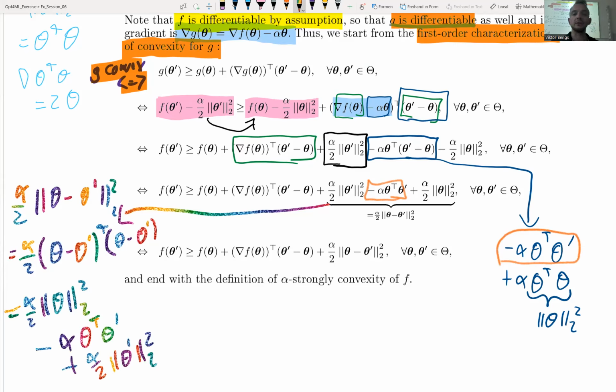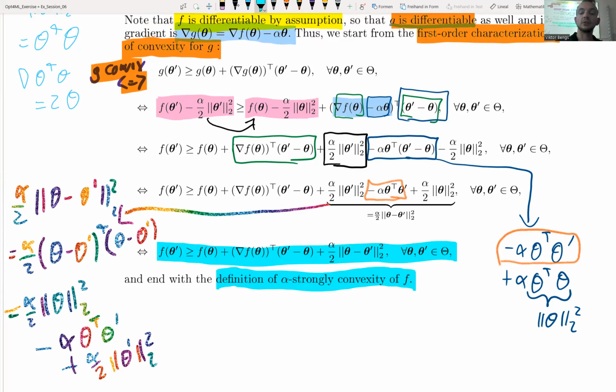Now, this is exactly what we get here. And everything together is giving us exactly the inequality of alpha strong convexity. So what we end up with is this inequality, which is true for all theta, theta prime, which is exactly the definition of alpha strong convexity.